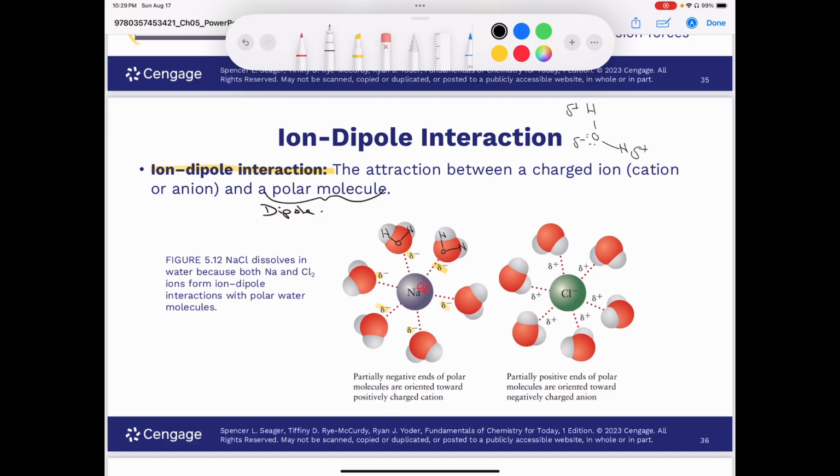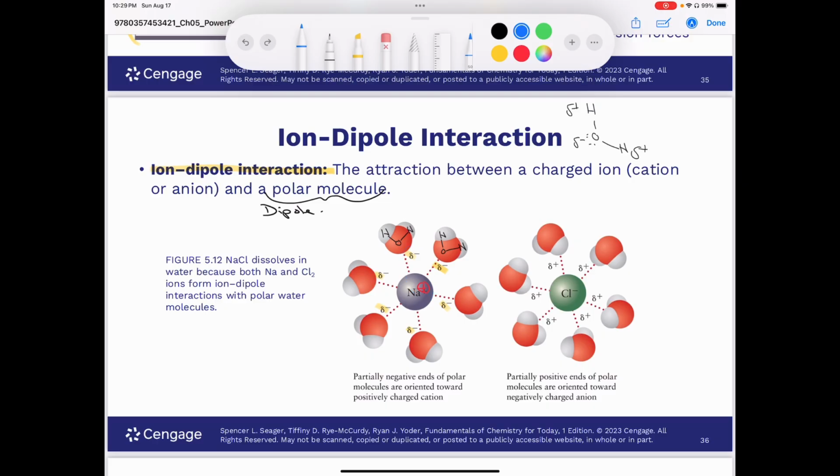Also, I should include the lone pairs in there. So the way water is going to work is that it's going to align itself so that the delta negative of the water molecule is going to interact with the delta positive of the sodium and help to dissolve it.